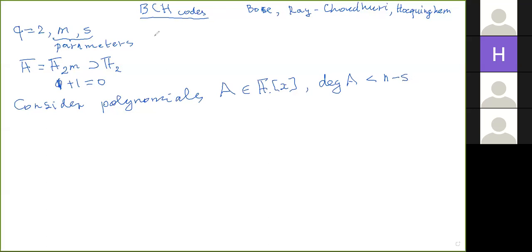So s is the second parameter, and it is used here. Each such polynomial will be represented using its coefficients.